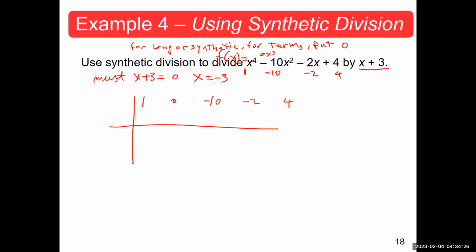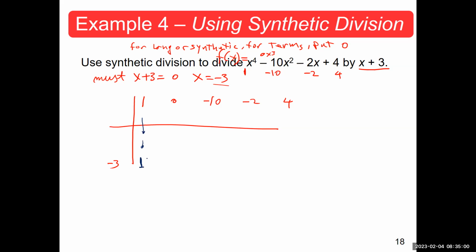Now, what do we do with this negative 3? In the book, they put it on top. I like to put it all the way on the bottom. You put it here, outside. First step, in the first step, you bring the 1 all the way down. You put 1 in here.